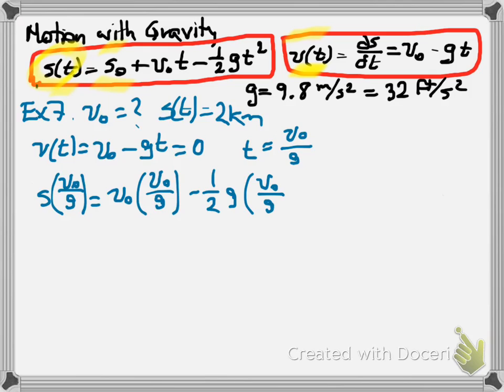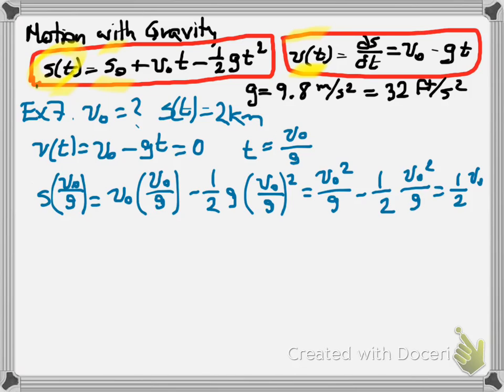Initial velocity over gravity, all squared, gives initial velocity squared over gravity minus 1/2 of the initial velocity squared over gravity, which is 1/2 the initial velocity squared over the gravity.